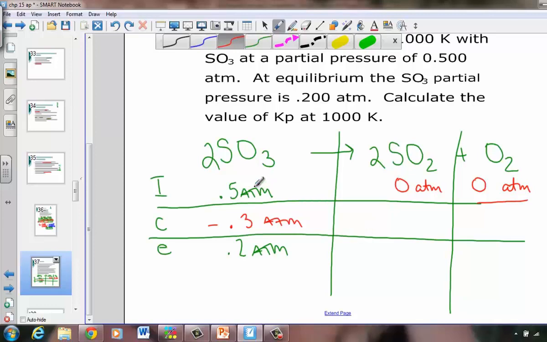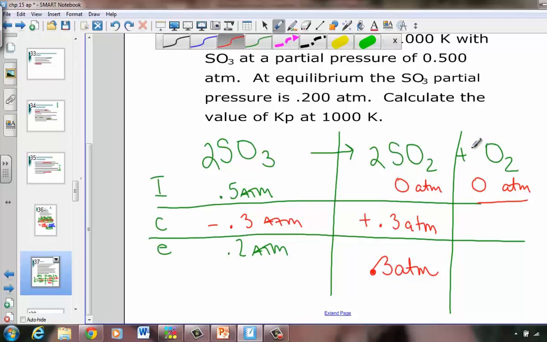If SO3 decreases, it's a reactant, so it's consumed. The ratio here, 2 to 2, is the same number, isn't it? So this is going to increase with the same partial pressure of 0.3. Adding that, we get an equilibrium value of 0.3.